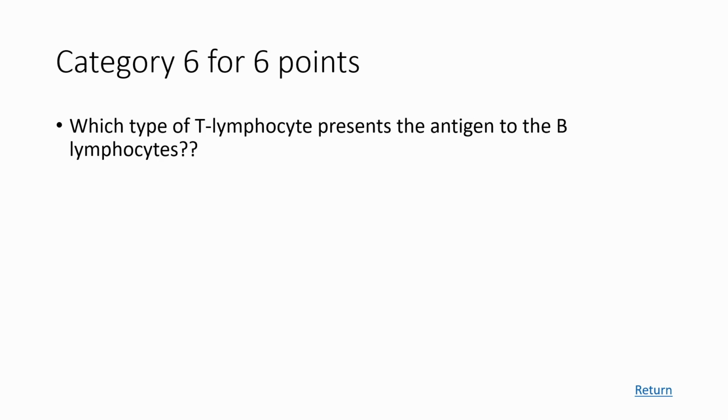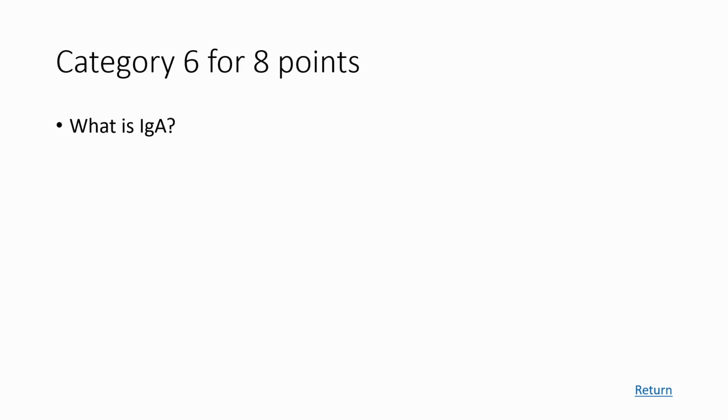What type of T lymphocyte presents the antigen to the B cell? Helper cells or CD4 T cells. They're interchangeable because CD4 is the receptor on those T cells. What's IgA? Yes, I know it's an immunoglobulin. I know it's the A one. What does it do?